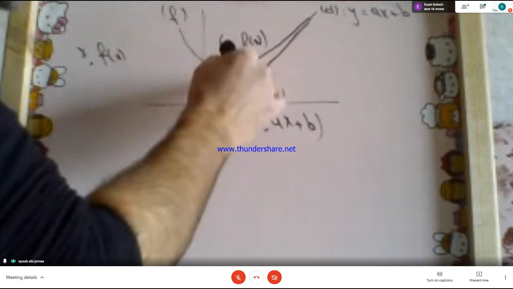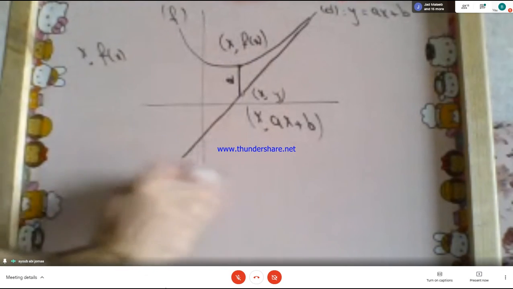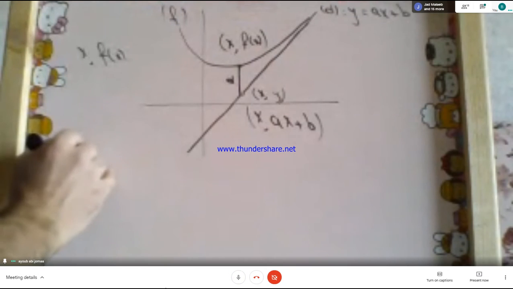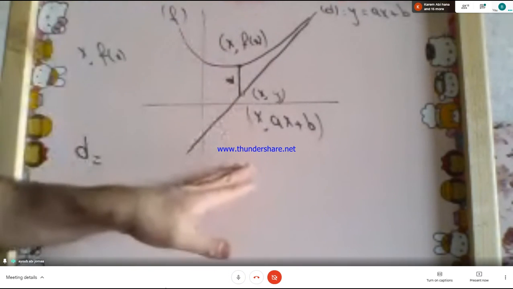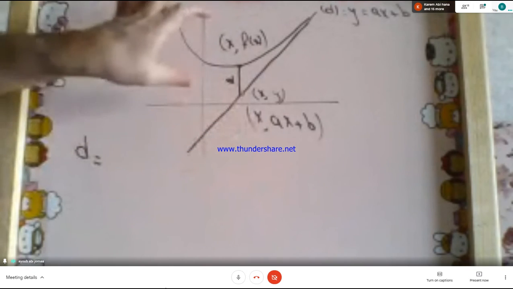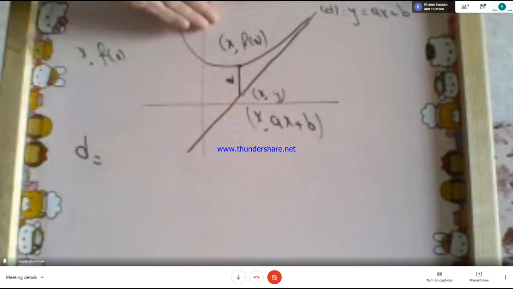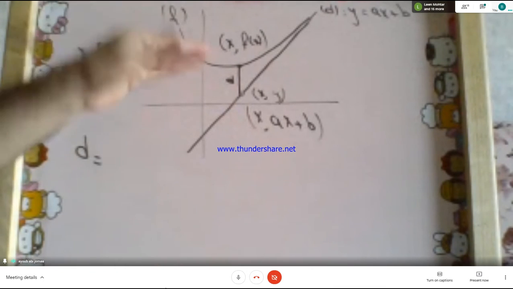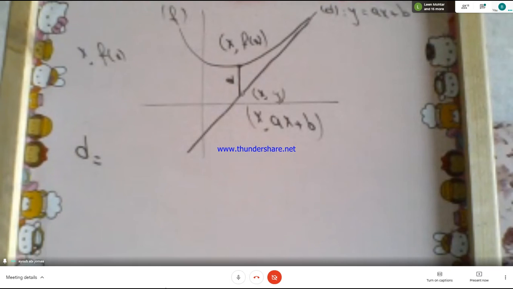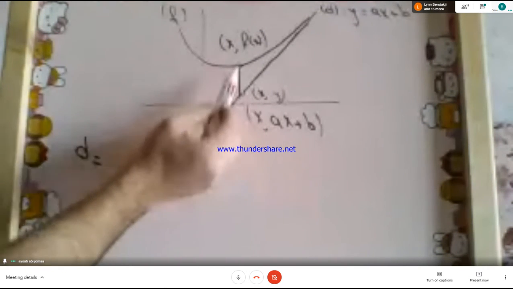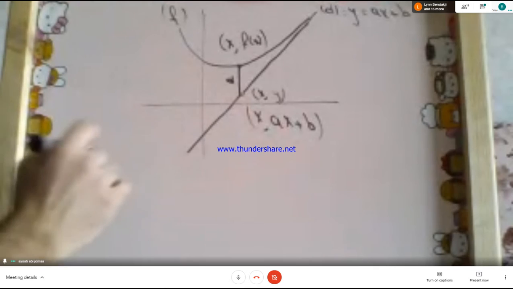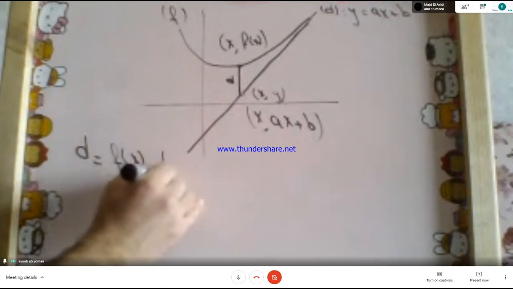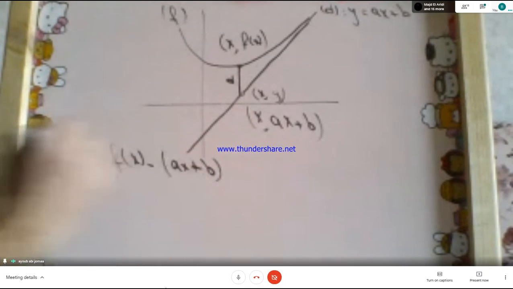Alright. So what will be the distance between these 2 points if you apply the idea I was explaining? Let's consider the graph in the same shape, with this point above the other, so nobody asks me whether it is negative or positive. It is just to clarify the idea. So what will be the distance? It is f of x minus ax plus b, between brackets.